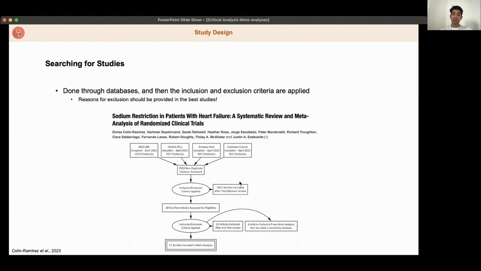And then they've excluded 2912 articles after just looking at their abstract. And they haven't said why they've excluded those 2912 studies, or even a general idea. And then they've also excluded 15 articles later after reading the entire paper. And they haven't said why, which is a bit weird to me because most meta-analyses will tell you that.